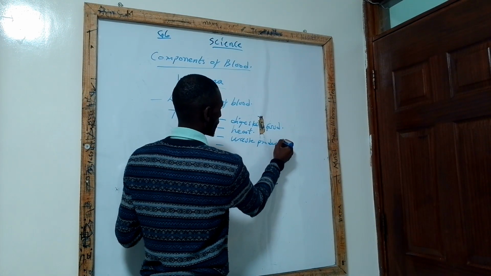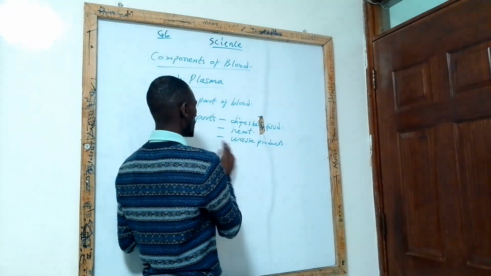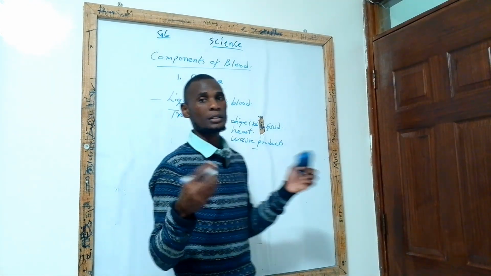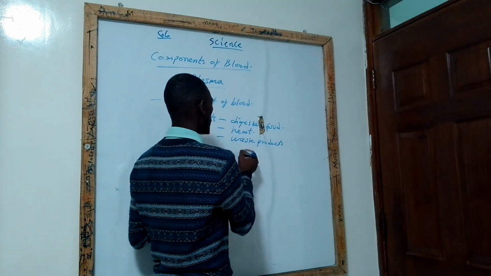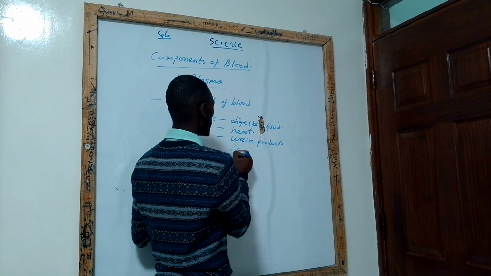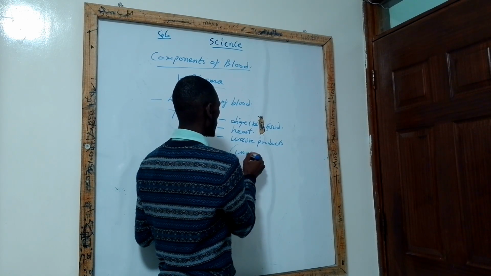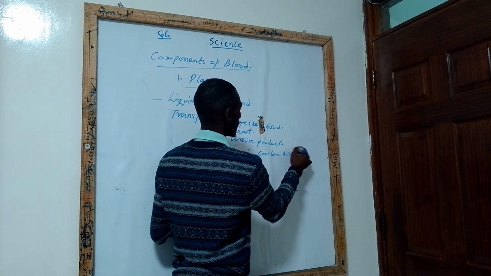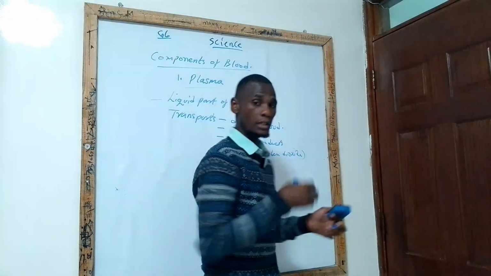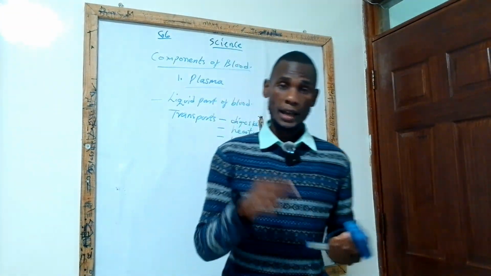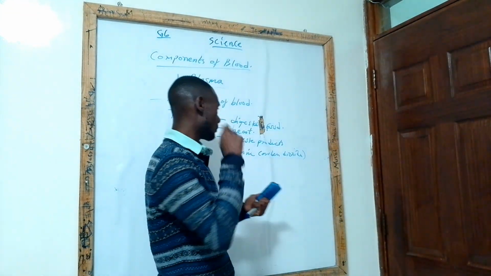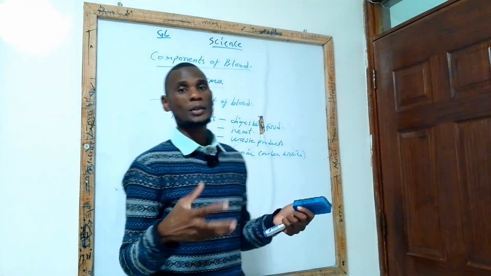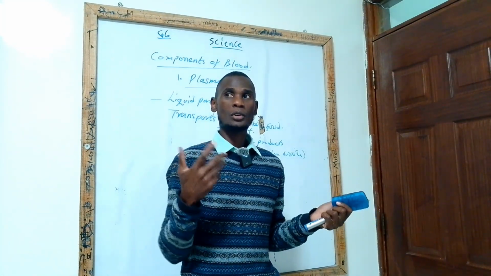When we talk about waste products, we talk about things like urine, carbon dioxide, all those fall under waste. So any waste from our body is being transported by the plasma. Now, we cannot draw plasma because it is the liquid part of the blood.